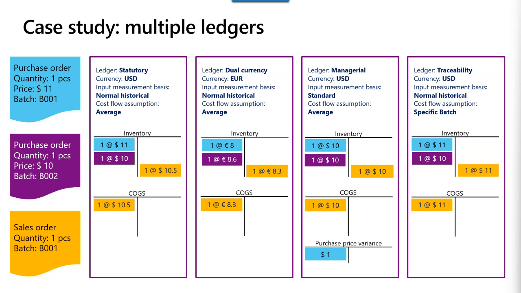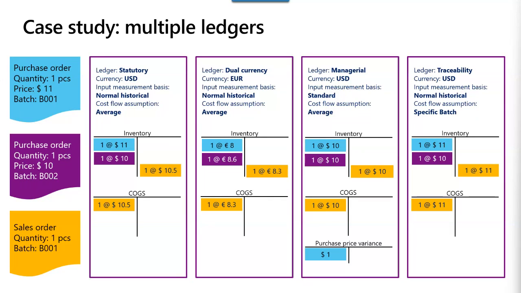Now we have a sales order transaction for a quantity of 1 from batch B001. In ledger number 1, our inventory is issued at US $10.50, which is the average value of our inventory right now. In our dual currency ledger, it's issued at 8.3 euros, which is the average price in that ledger.